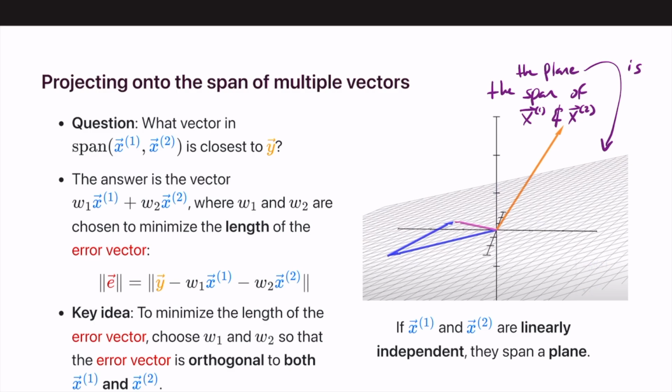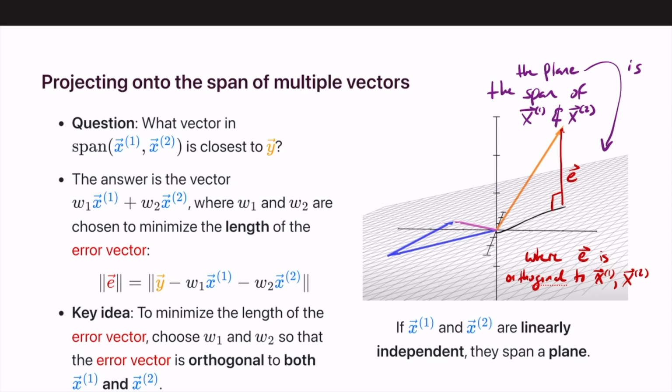Okay. And we wanted to know what is the vector that we can get where we say that this is E, where E is orthogonal to the plane, or in this case, x1 and x2.